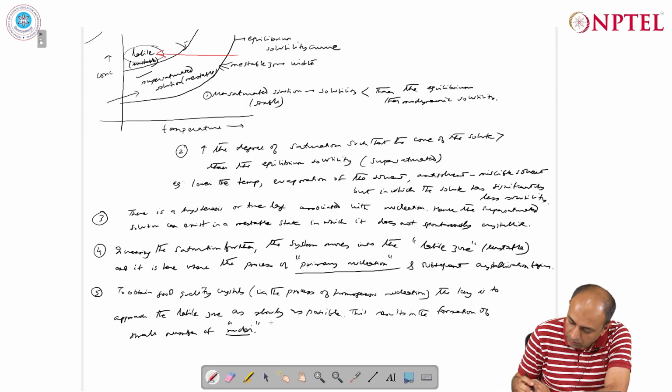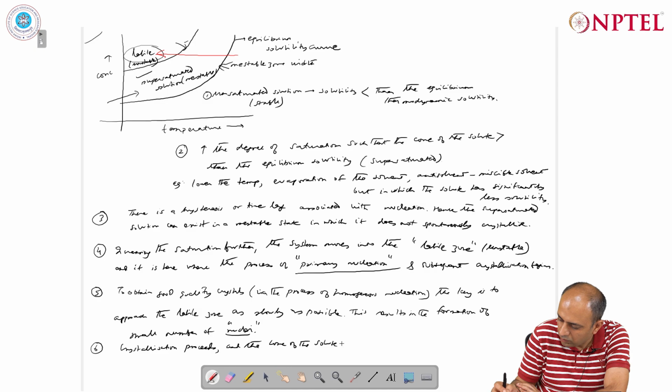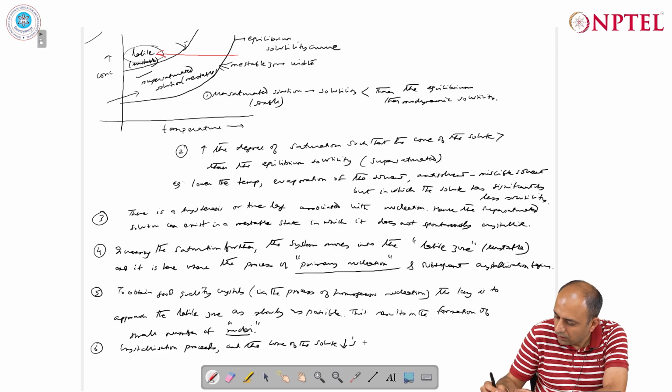So, as this process now further goes, once you have initiated the formation of a small number of nuclei, then we can say that the crystallization proceeds, and the concentration of the solute decreases, and what happens?